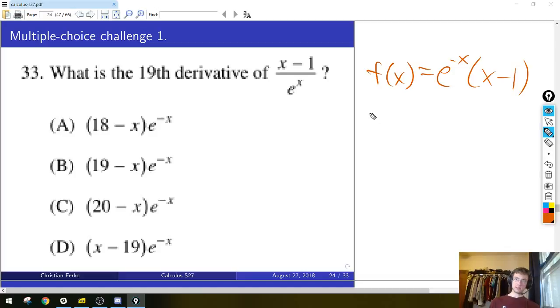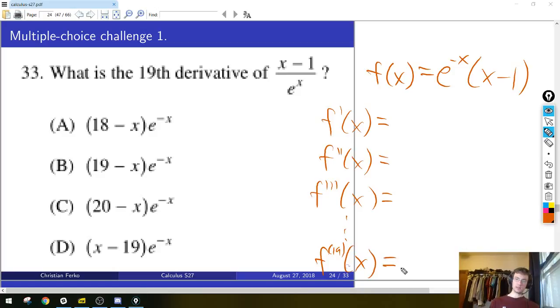The hint is write down the first few derivatives, f prime of x, f double prime of x, maybe if you need, go to number 3, and then the pattern will become very clear. And then you can kind of just guess what it's going to be at the 19th one. Whenever you're ready, you can either tell me and I'll write them up here as you compute each one, or if you want, you can do it on paper, whatever you like.